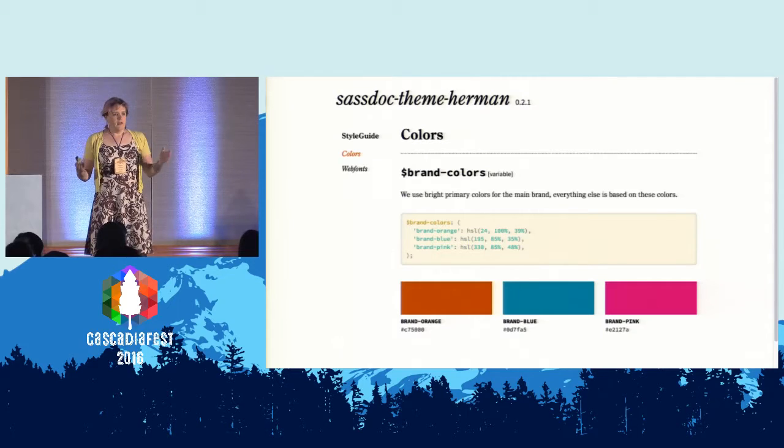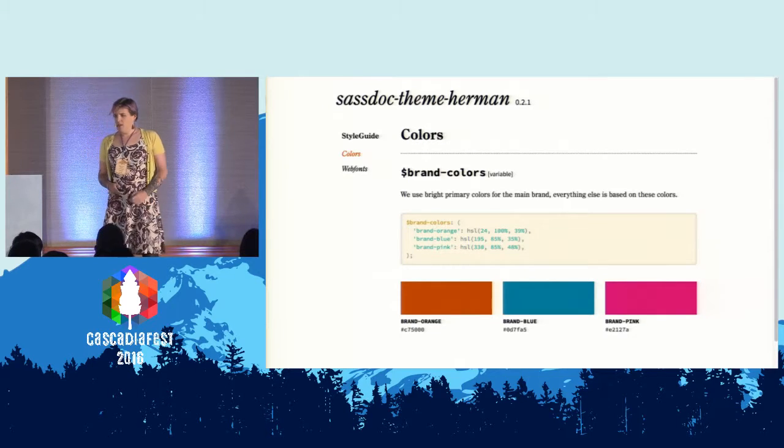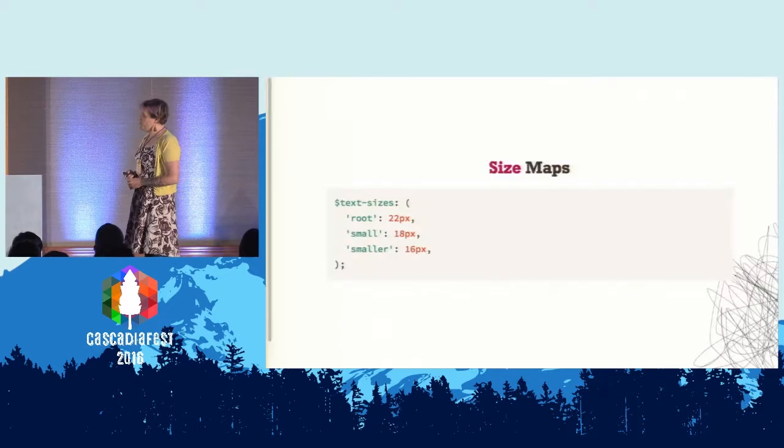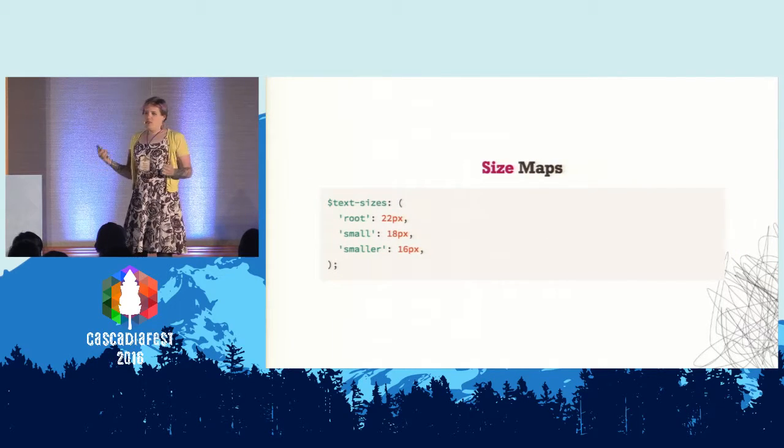Because, again, the computer understands the system, and that helps us automatically generate something based on colors. Anytime we add a color to the map, that color is immediately in the style guide because the computer understands it. So we do the same thing with sizes.